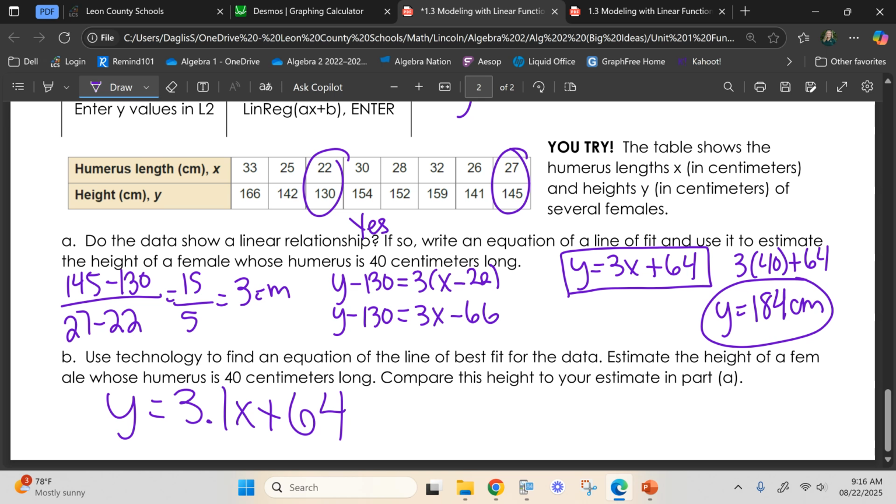And then what did you get when you plugged in a female whose humerus is 40 centimeters long? What did you get out of that? When you plugged it into this, 3.1 times 40 plus 64, I also got 188.